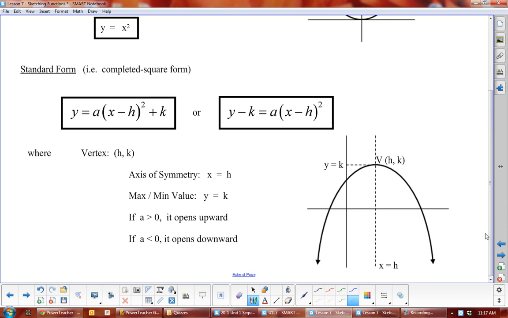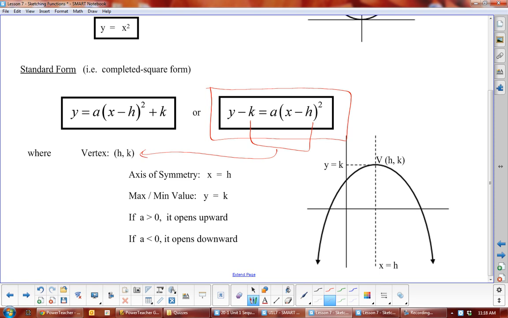The standard form is the nice form to deal with because it really lends to the transformations that we do in 30. From all of this, we can get the HK, that is our vertex.